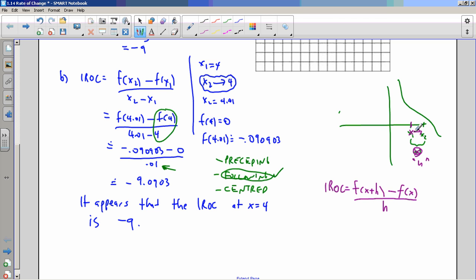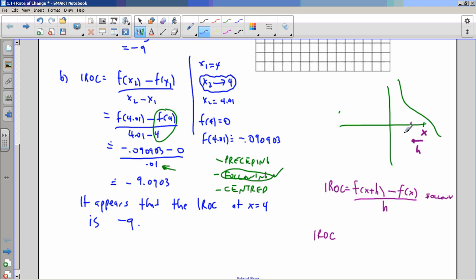And notice that this is a following interval. I could, though, think of this as a preceding interval, right? Let me have another go here. If this is the value that I'm interested in, and I want h, the interval where my other value is, to be as small as possible, then what's this going to be?